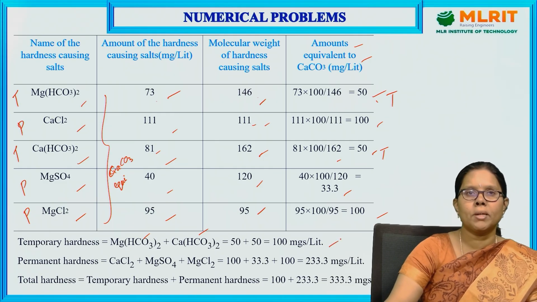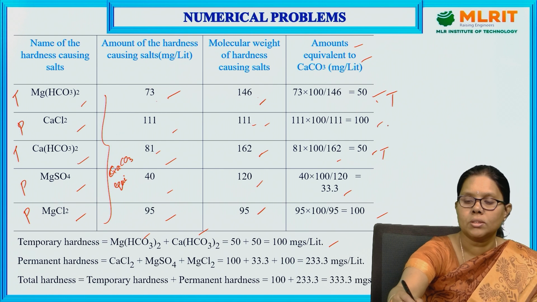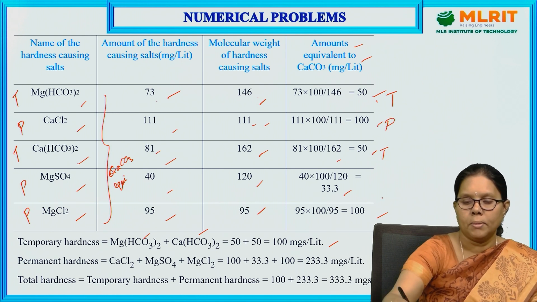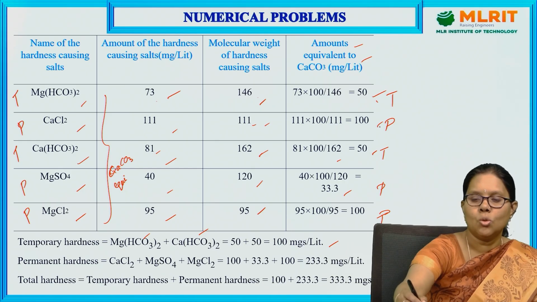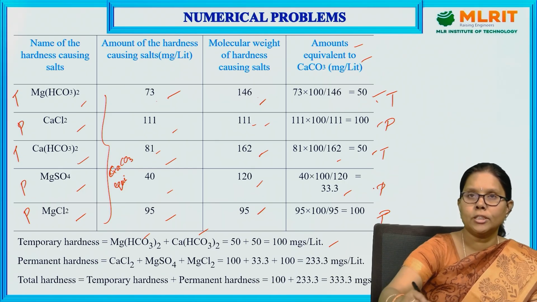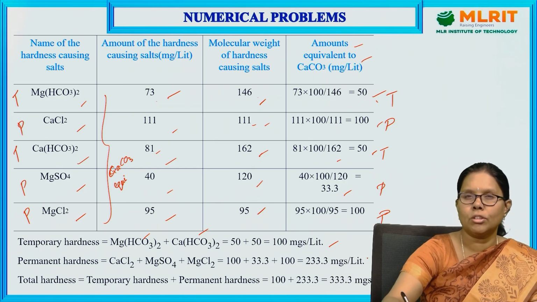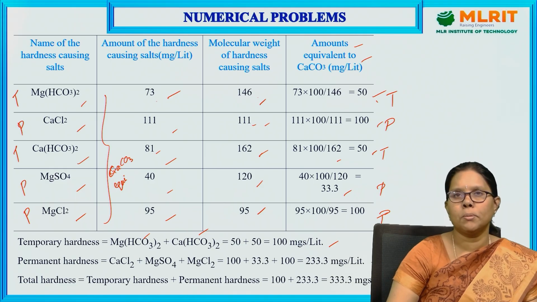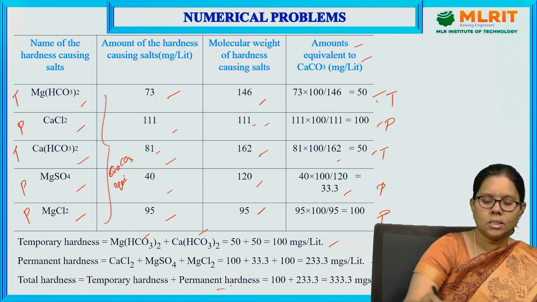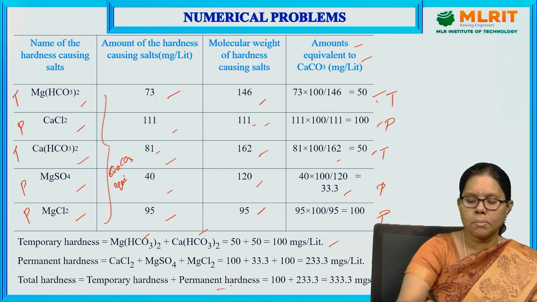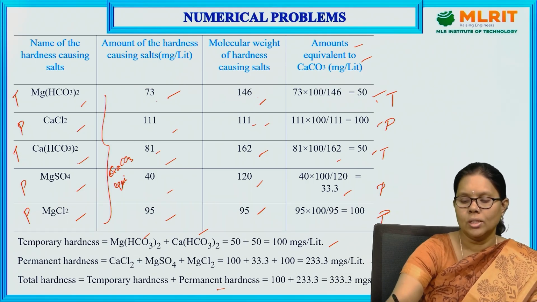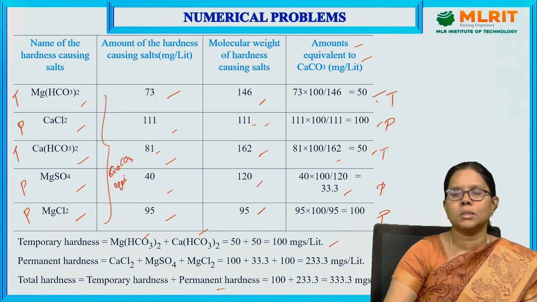What about the permanent hardness? Permanent hardness is because of calcium chloride, magnesium sulfate and magnesium chloride. We got the values 100 plus 33.3 plus 100, which gives 233.3 milligrams per liter. Total hardness is equal to temporary hardness plus permanent hardness: 100 plus 233.3 is 333.3 milligrams per liter.